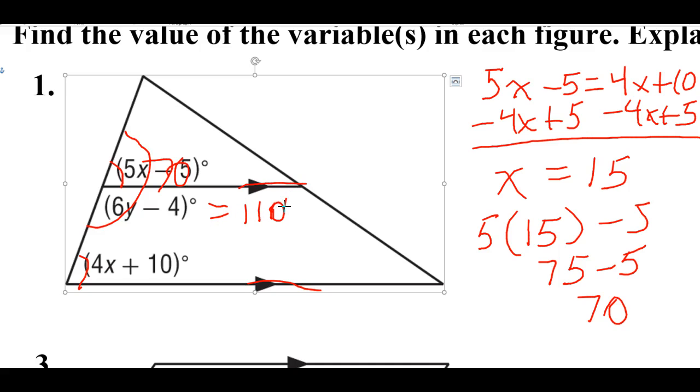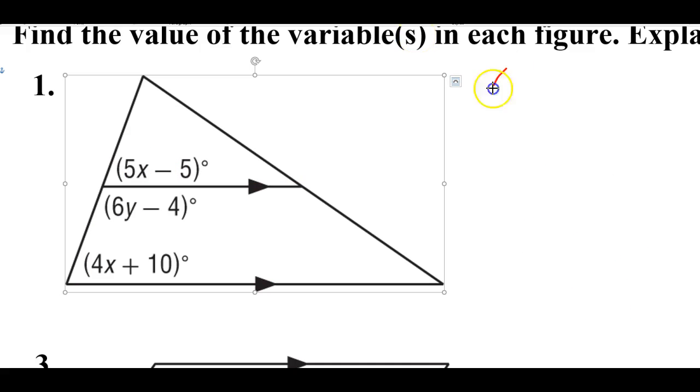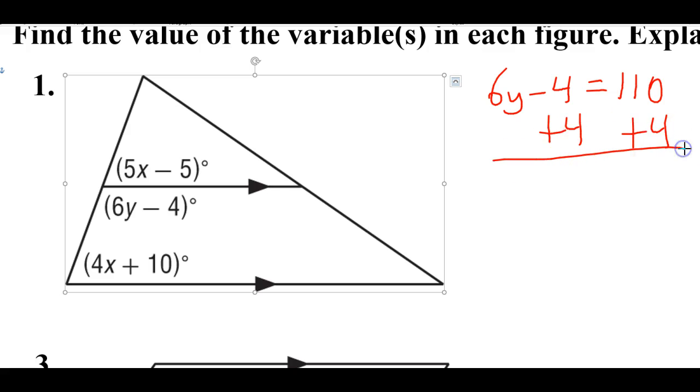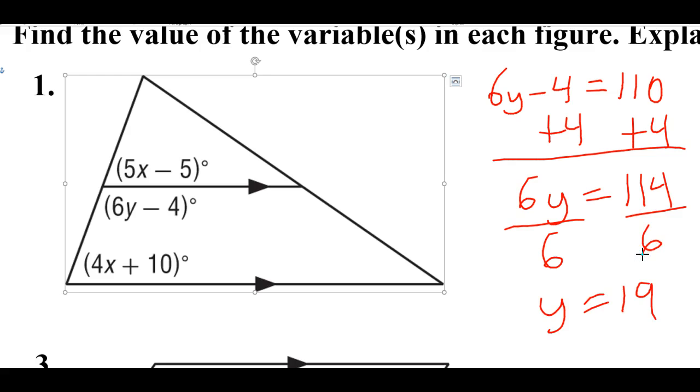So we'll solve that equation. 6y minus 4 equals 110. We're going to add 4 to both sides. So we have 6y equals 114, and then divide by 6. So we have y equals 19 for that solution.